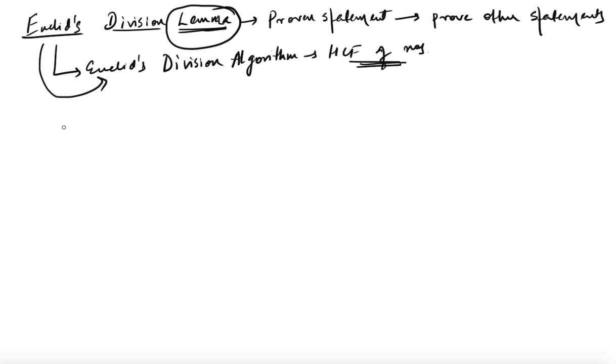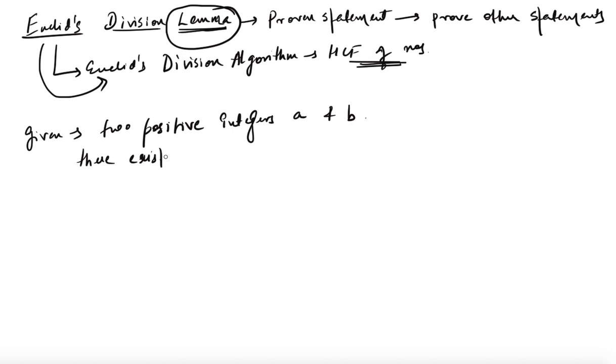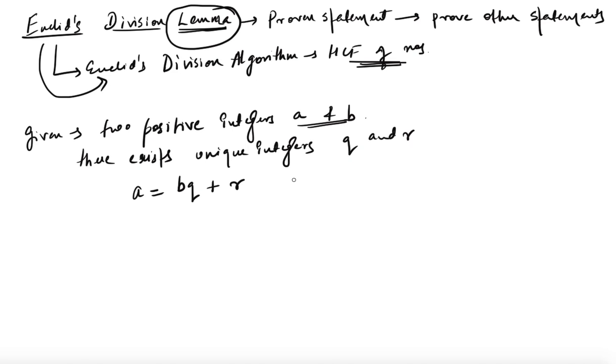It says that if there are two positive integers a and b, then there exist unique integers q and r such that a equals bq plus r, where r is greater than or equal to 0 but less than b. This is Euclid's division lemma.